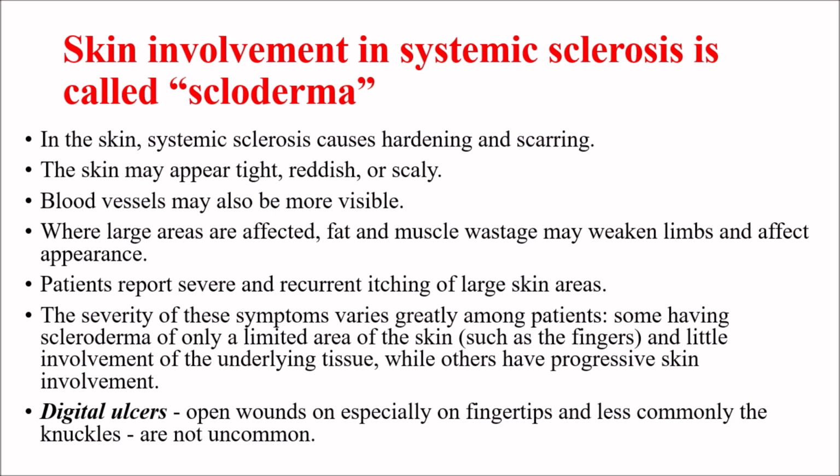The severity of these symptoms varies greatly among patients, some having scleroderma of only a limited area of the skin, such as the fingers, and little involvement of the underlying tissue, while others have progressive skin involvement. Digital ulcers, open wounds especially on fingertips and less commonly the knuckles, are not uncommon.